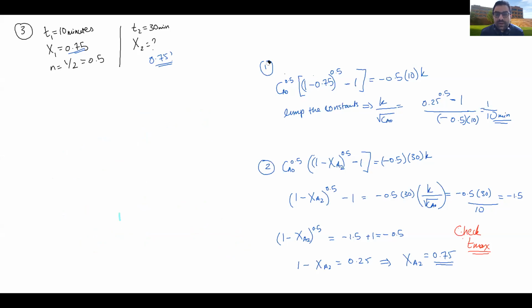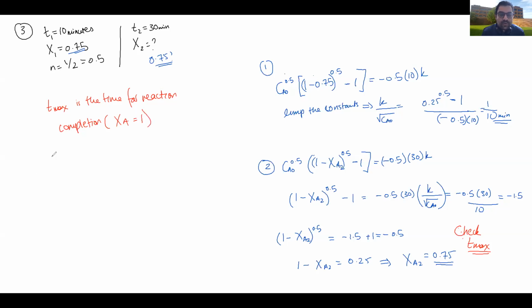So now I need to check Tmax, right? And let's just rewrite what Tmax is. Tmax is the time for reaction completion, i.e. XA is equal to 1.